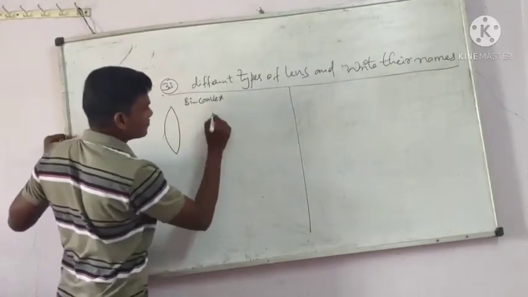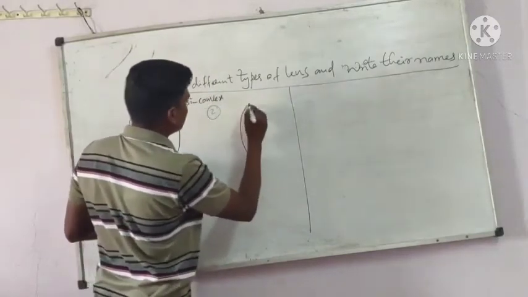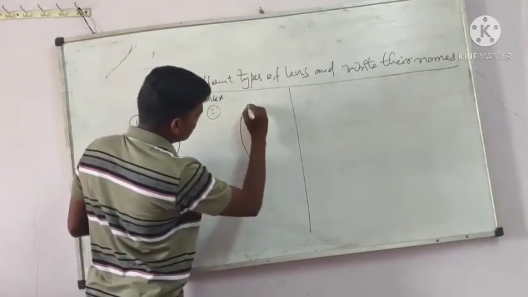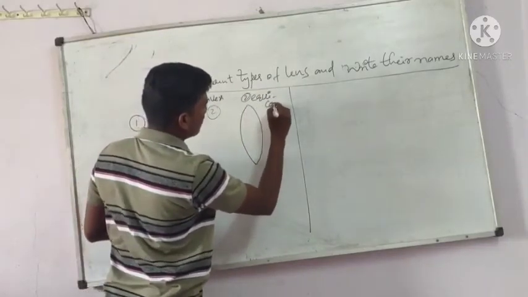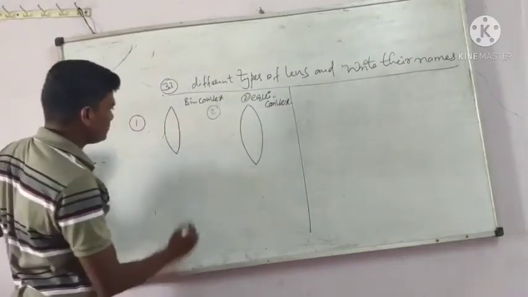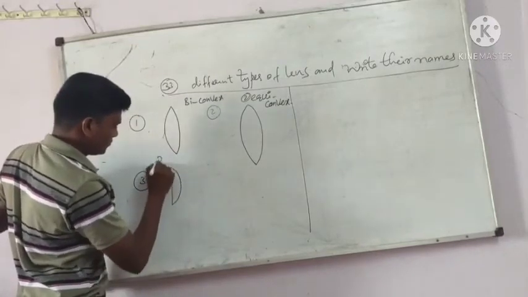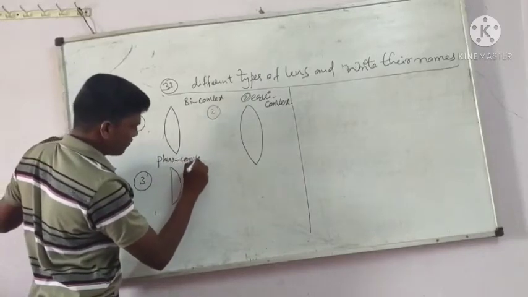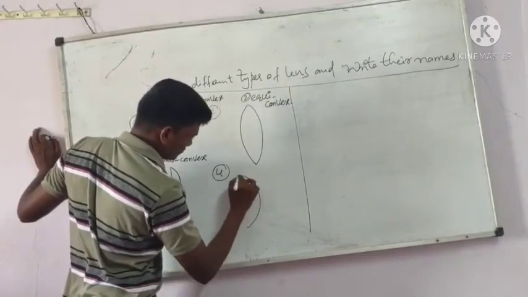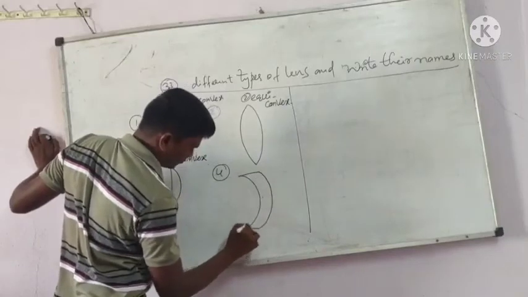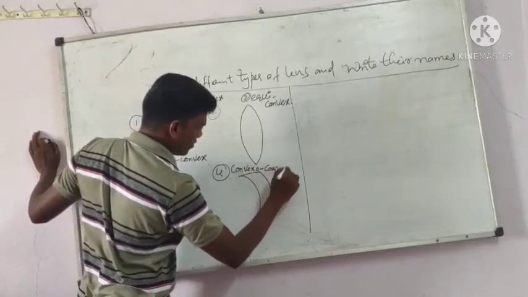Biconvex. Second one, equiconvex. Third one, plano-convex. Convexo-concave.